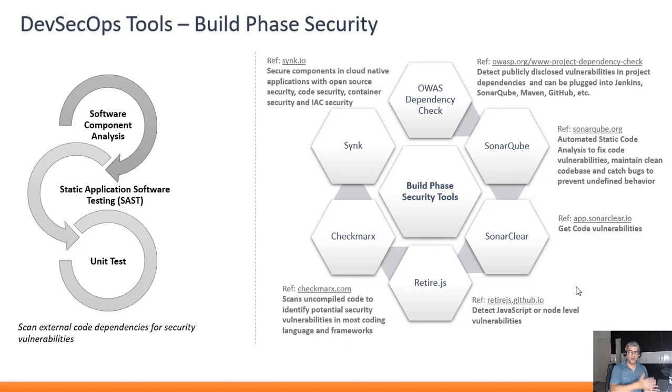So before it gets merged, right, you run the unit test cases, and you create a benchmark that at least 95% of the test cases should be executed and should run properly.